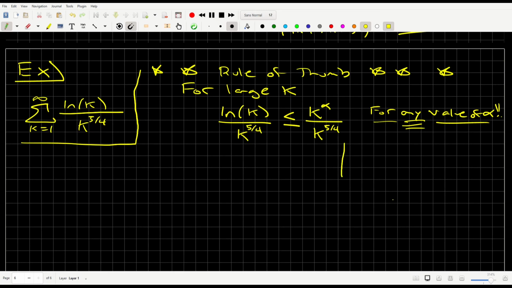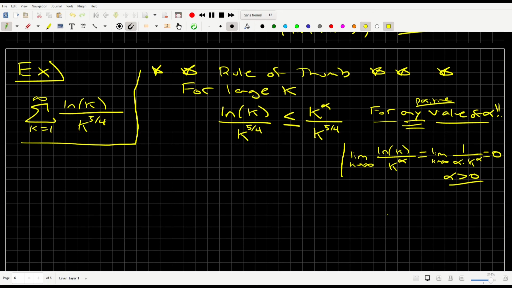Or, put a different way, if you take the limit as k goes to infinity, for any positive value of alpha, of the natural log of k over k to the alpha, this limit is the same thing as, when you do L'Hopital's rule, the limit as k goes to infinity of 1 over alpha times k to the alpha, which is equal to 0 if alpha is positive.